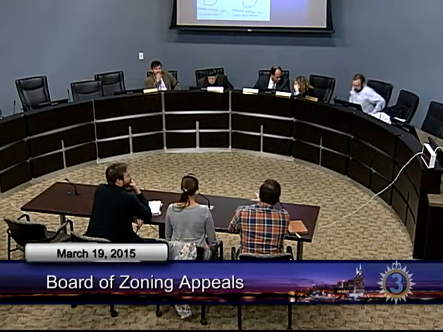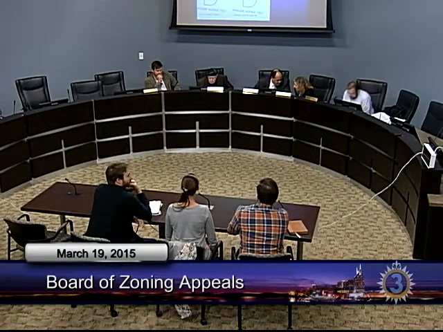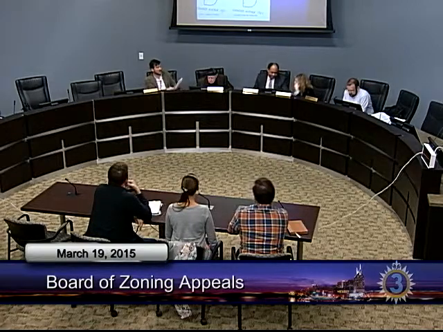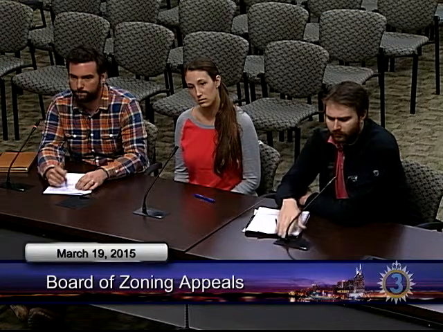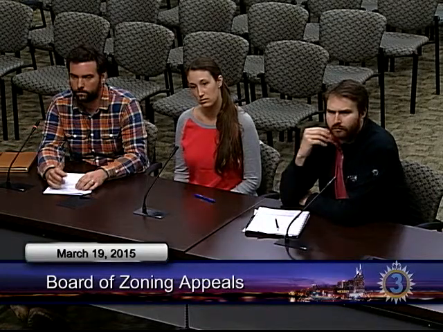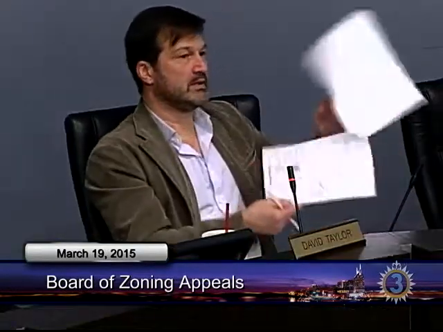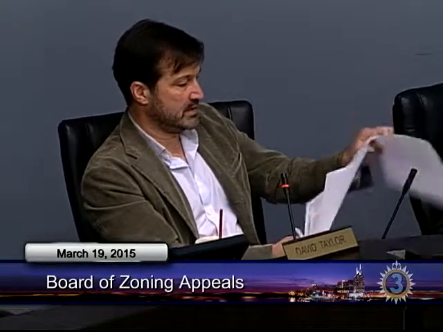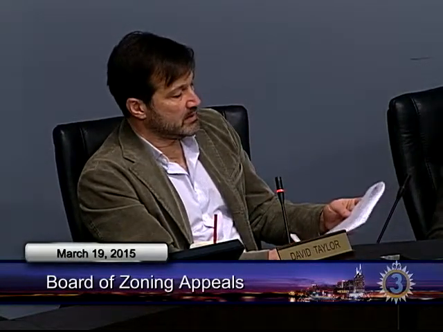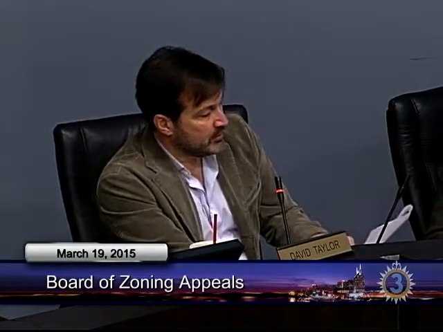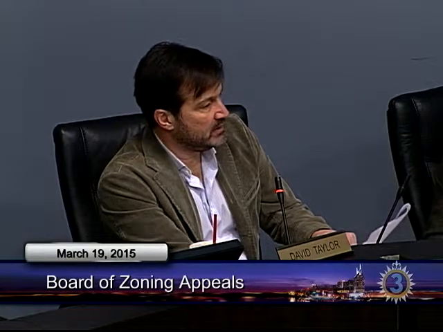Mr. Taylor, that plan that you're looking at, does that show the existing front setback of this subject property? This was something that I guess you all had submitted. It looks like it came from the letter and it's a survey, and it says that your existing home to the porch is 26.3 feet.